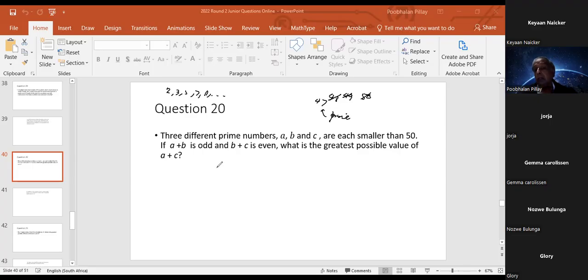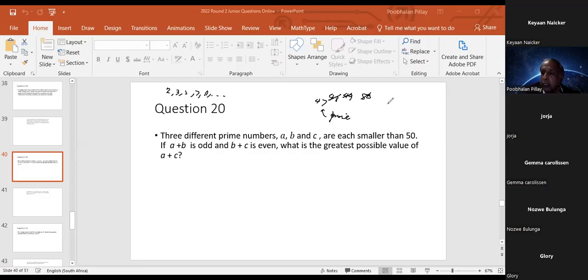Right, now we are in the danger zone, 20 to 25. So you have to use a lot of logic here. Now listen very carefully. When you add A and B, the answer is odd.